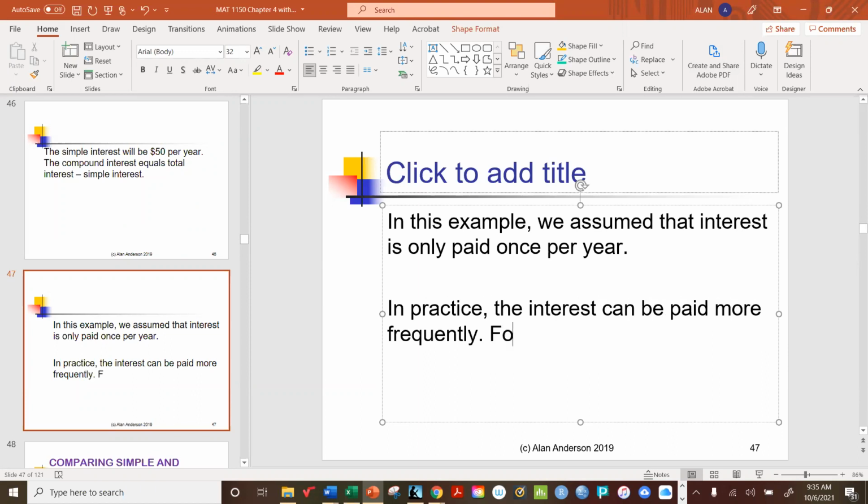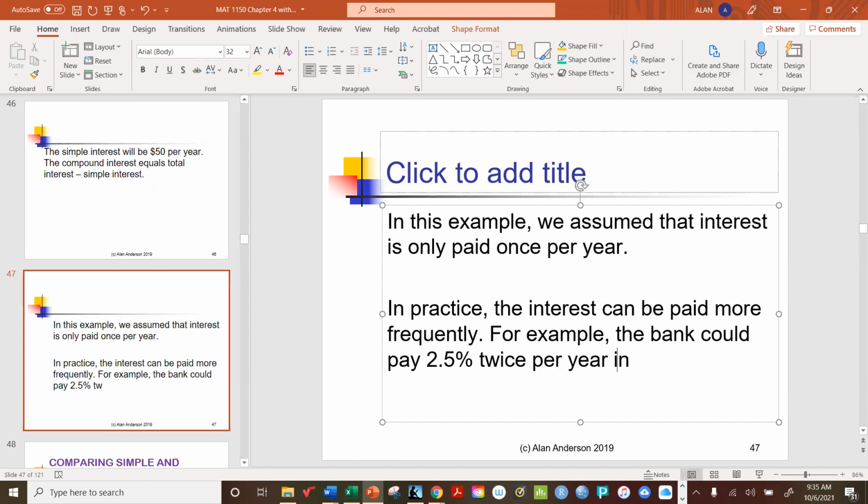For example, the bank could pay 2.5% twice per year instead of 5% once per year.